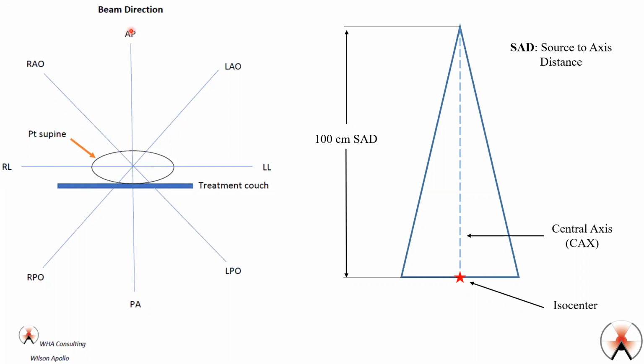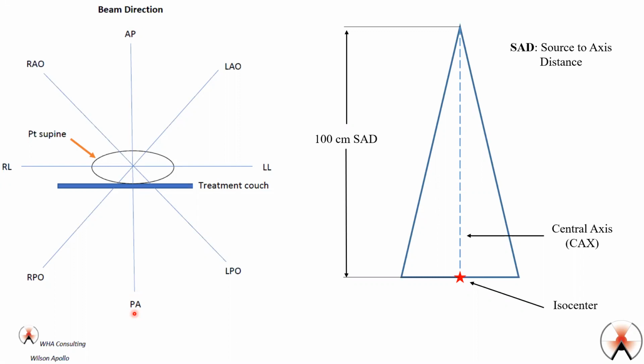That is what we call an AP direction, anterior posterior. Now I'm going to rotate the gantry because this patient, according to the prescription, is going to be treated with a PA as well. So I'm rotating the gantry 180 degrees until it is below the patient. That's a PA, posterior anterior.